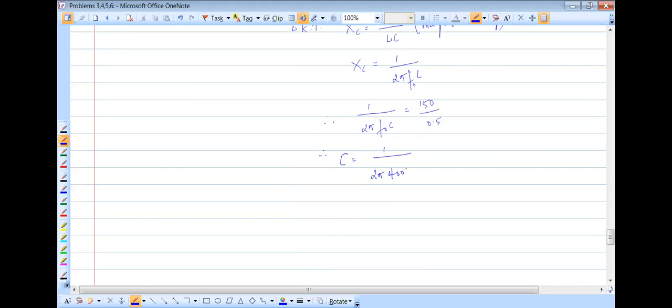So it's 2 pi f naught, and C would go here, so it's 0.5 by 150. If you do this, you will get C equal to 1.325 microfarads. So we have obtained the C.